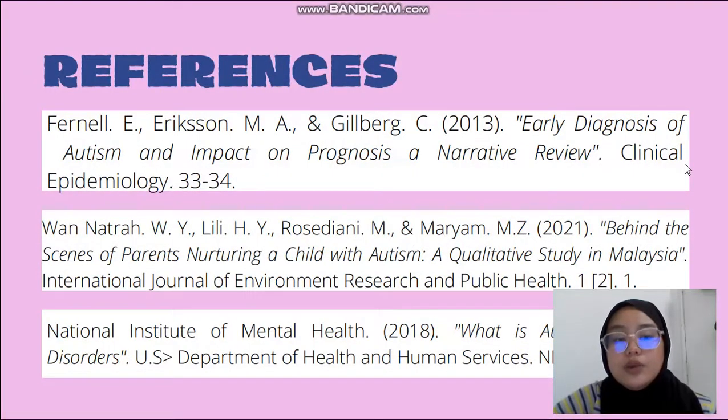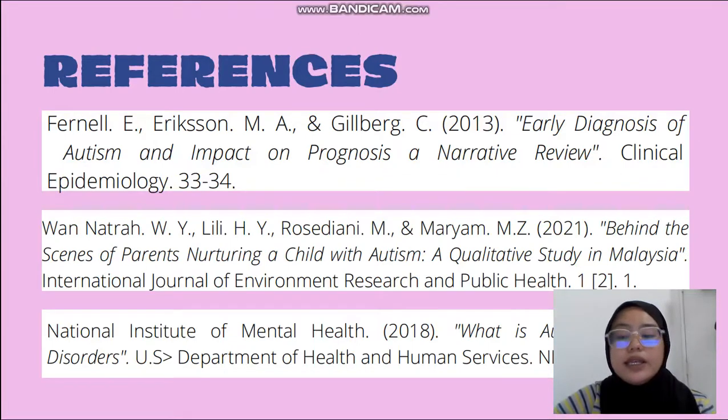So I use a few journals, and these are a few of the references that I use. The journals related with my final year project, which the first is early diagnosis of autism and impact of prognosis, a narrative review.